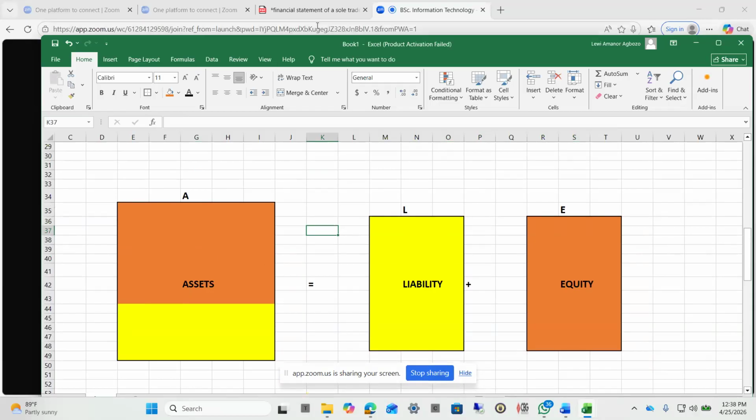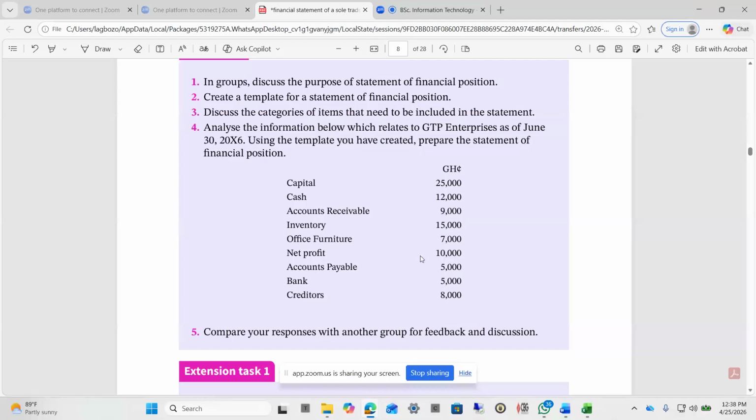So let's go back to our example that we want to do. And I said one person should read this. Read it from number 4. Let's finish this thing in some 2 minutes, please.